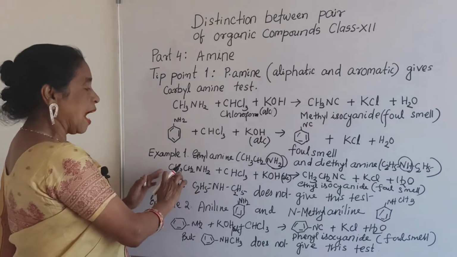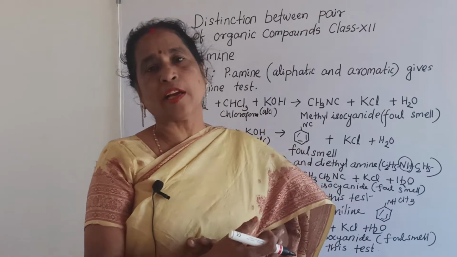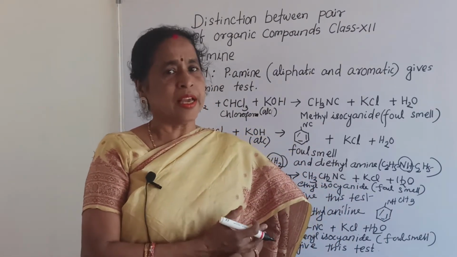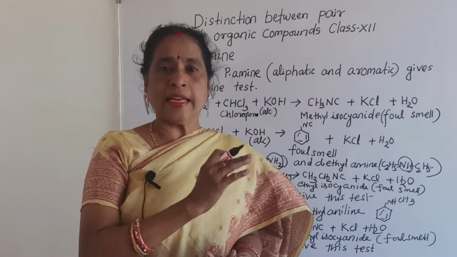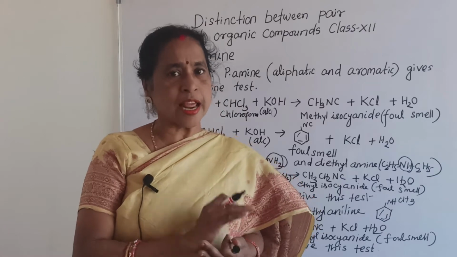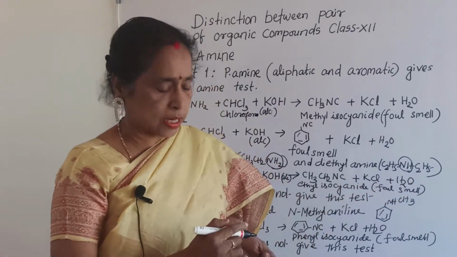Now ethylamine, when it reacts with chloroform and alcoholic KOH, gives ethyl isocyanide, which has a foul smell. Remember, any alkyl isocyanide has a foul smell. Then the byproducts are the same, KCl and water.